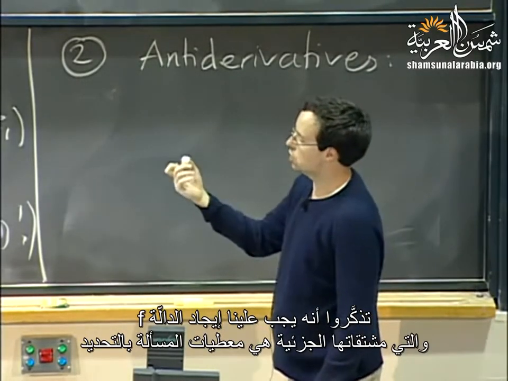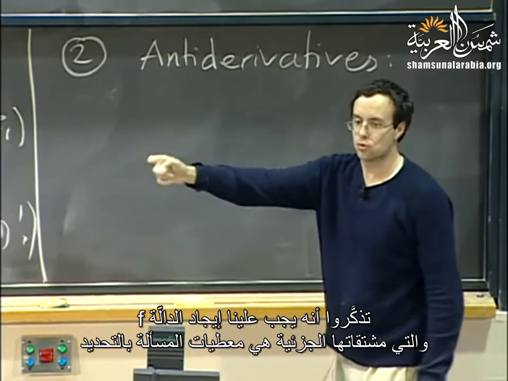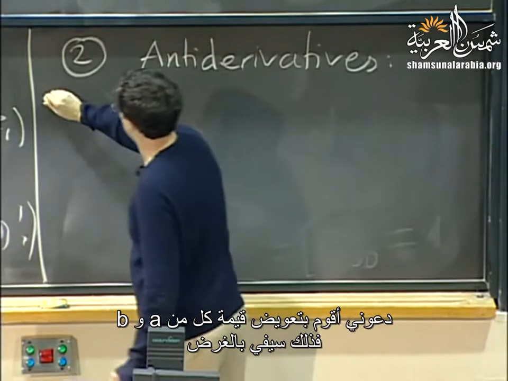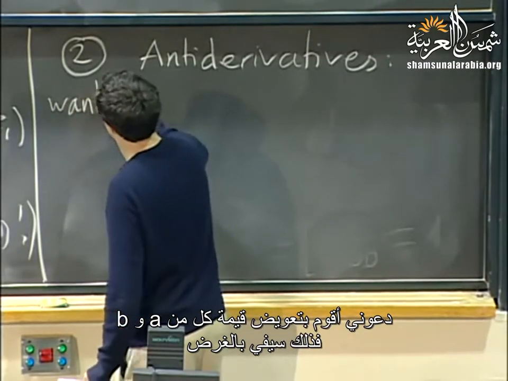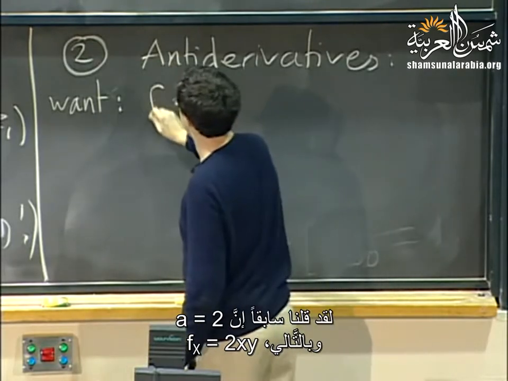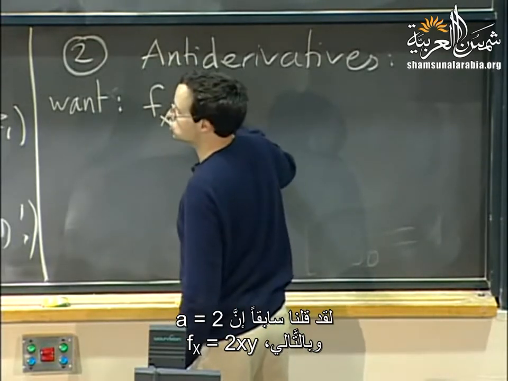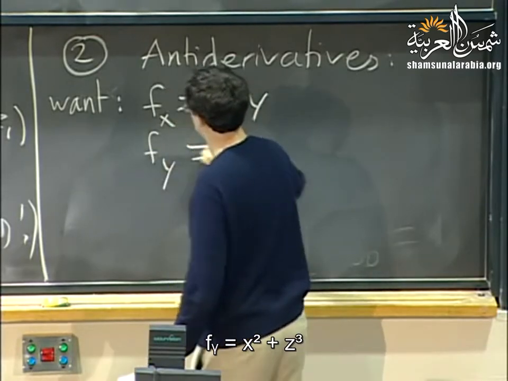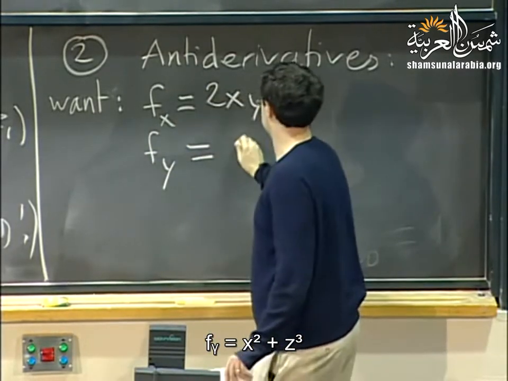Remember, we want to find a function little f whose partials are exactly the things we've been given. So let me plug in the values of a and b that will work. We said a should be 2, so f sub x should be 2xy. f sub y should be x squared plus z cubed.